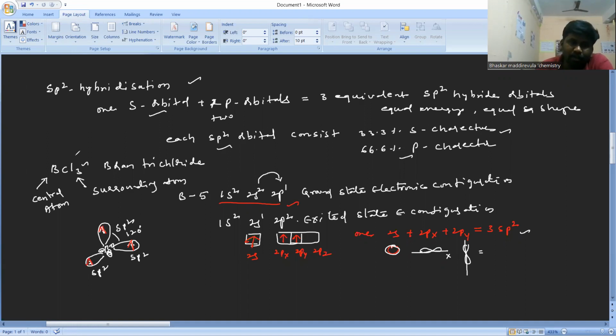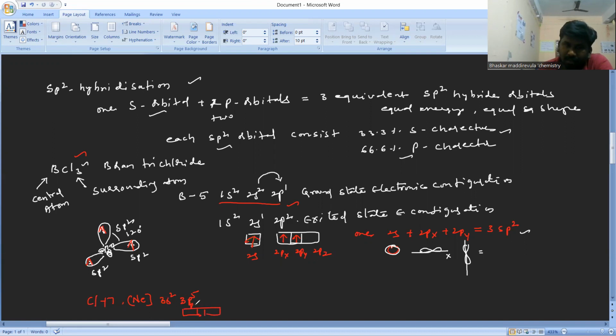So we have surrounding atoms. If you see the surrounding atoms' electronic configuration, that is chlorine, atomic number 17. It has neon 3s2 3p5. Here only one electron is required for an octet configuration.